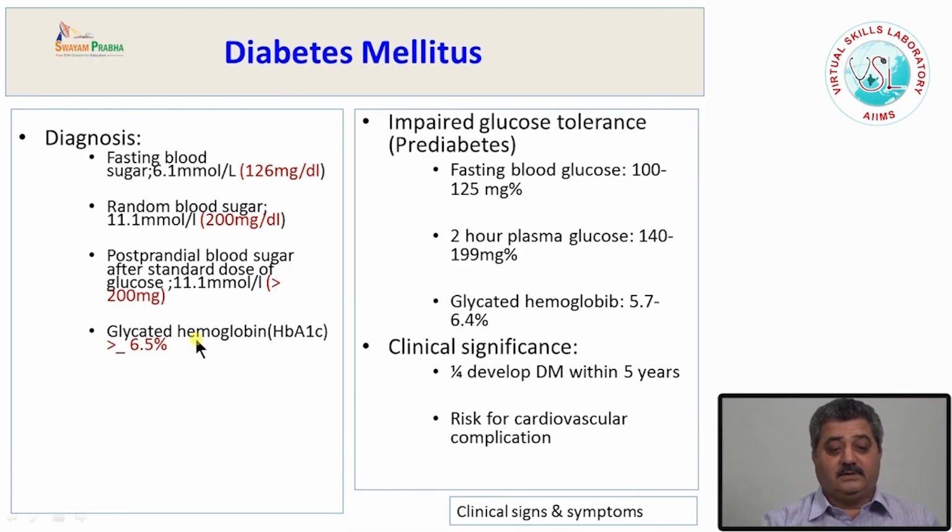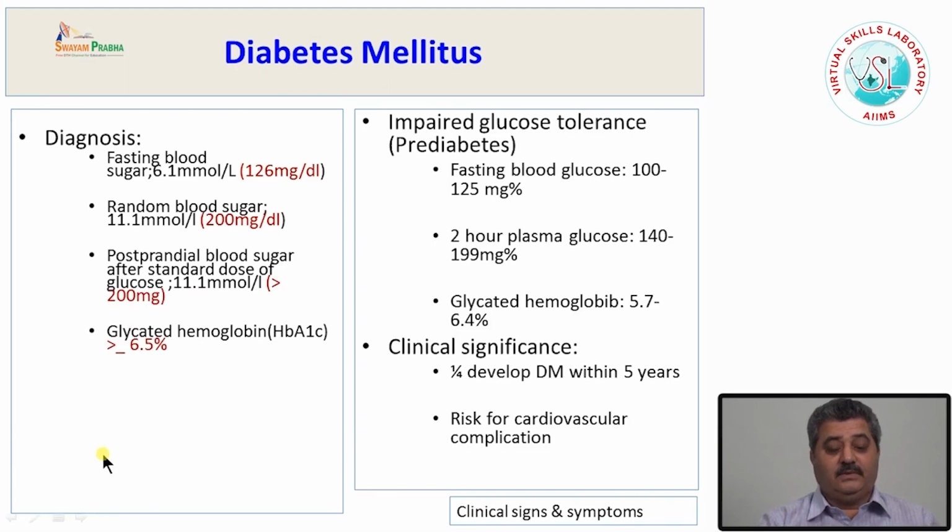Now, what is diabetes mellitus? According to the American Diabetes Association and the WHO, there are defining criteria for the diagnosis of diabetes mellitus. Any fasting glucose level of more than 126 milligram percent, or any random blood glucose level of more than 200 milligram percent, or, after the loading dose of 75 gram of glucose, a glucose level at the end of 2 hours of more than 200 milligram percent, and the person is diagnosed as diabetic.